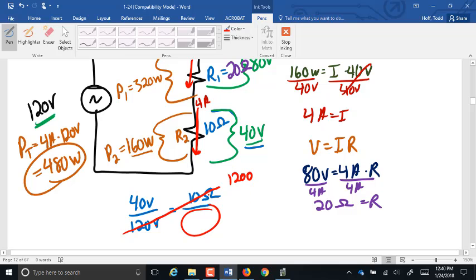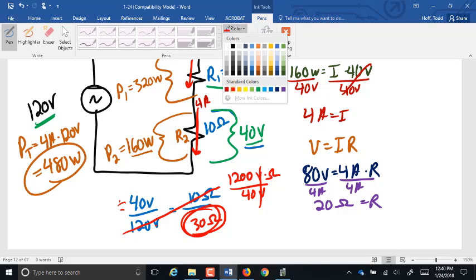Volt times ohm is volt ohm. Divide by the 40. The volts cancel out. That is 30 ohms.